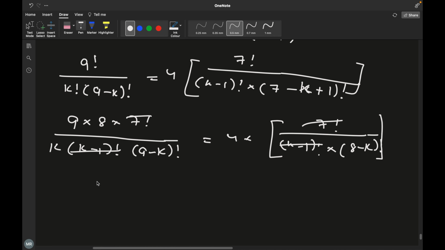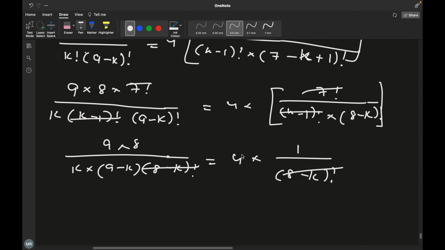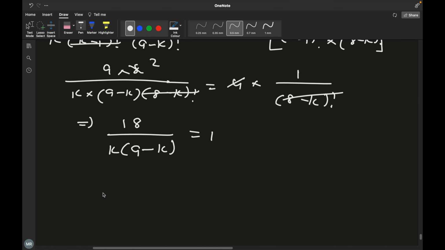And now we can write this as 9 into 8. K into 8 minus k factorial. It's going to be 4 into 1 divided by 8 minus k factorial. This gets cancelled and this gets cancelled, and we're left with 18 by k multiplied by 9 minus k is 1. We can write 18 is 9k minus k squared.